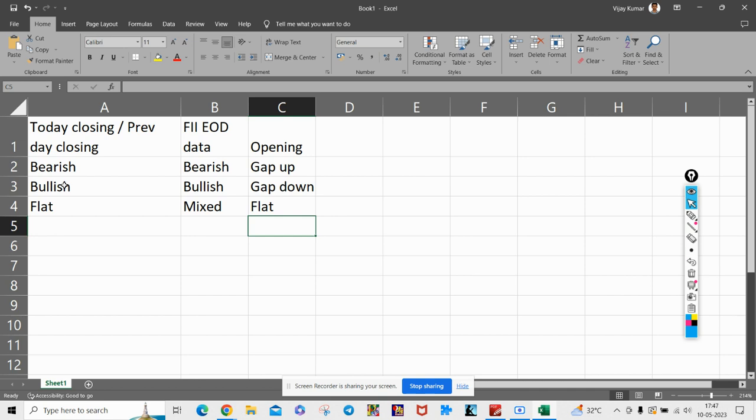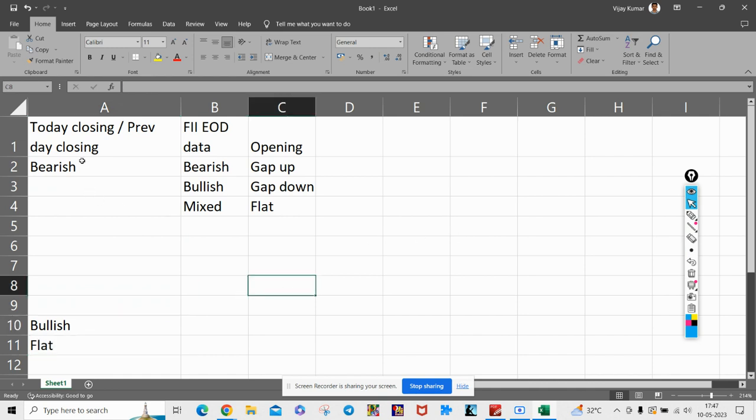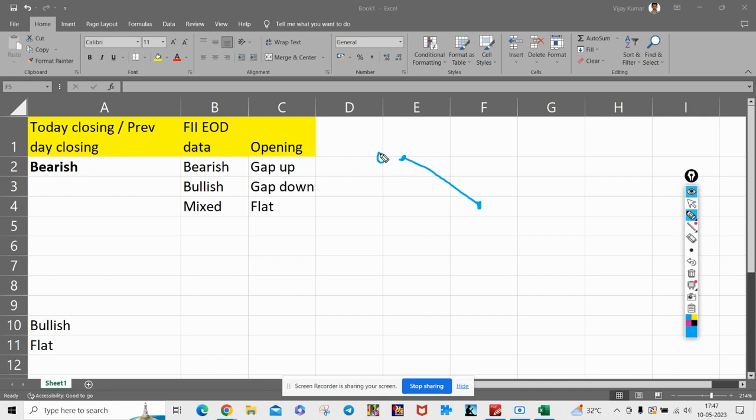Bullish can be made likewise. So let me first place this here. Look at the bearish scenario. What do I mean when it is bearish? When the closing is bearish, it means that if price opens somewhere here and it closes at the bottom, this is the opening price, and this is the closing price. So this is bearish.